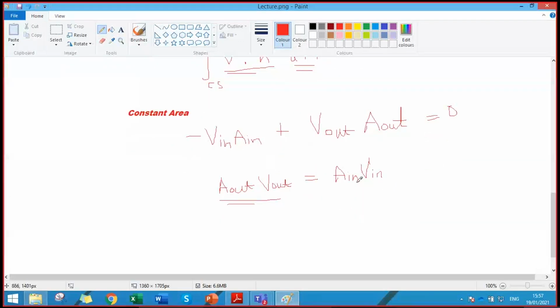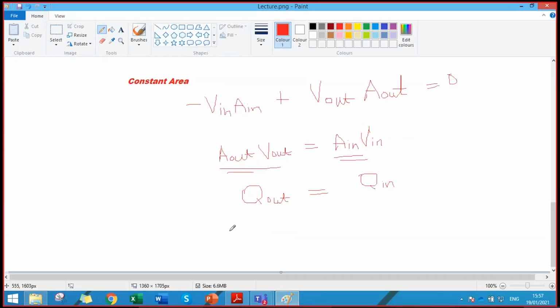This is basically what? Volume flow rate, right? So the volume flow rate coming out from the control volume should be equal to the volume flow rate into the control volume. Or if it's incompressible flow, I can multiply with density on both sides. That will not affect my equation.